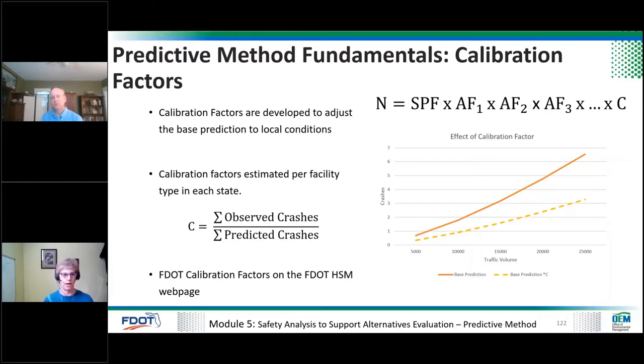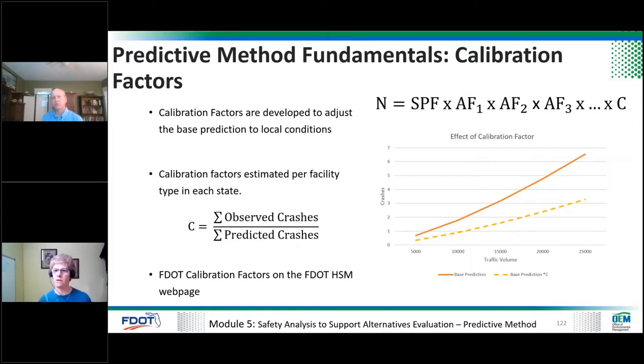Every model requires a calibration factor. So what the calibration factor does is just modify this prediction up or down. It could be increasing it too, as a function of a comparison of observed crashes to predicted crashes. So the calibration equation really is as simple as total observed over total predicted. And we've developed these calibration factors for other states.